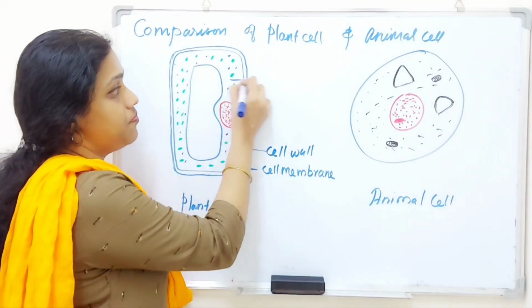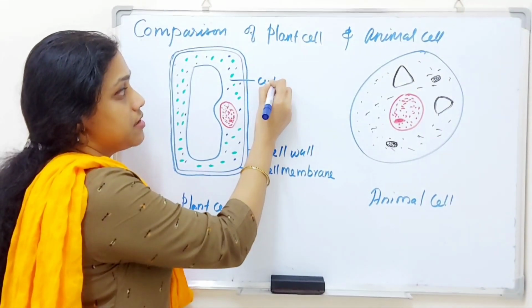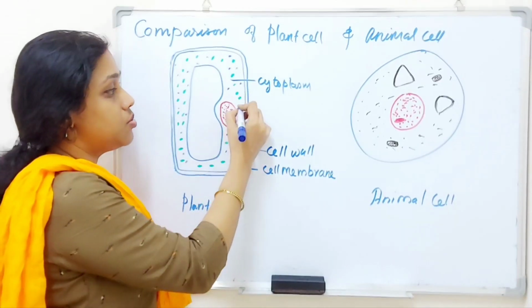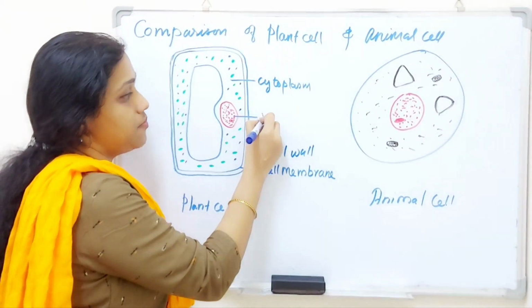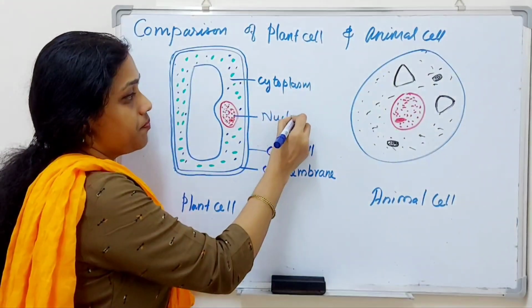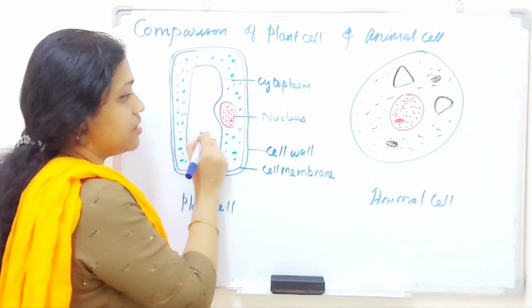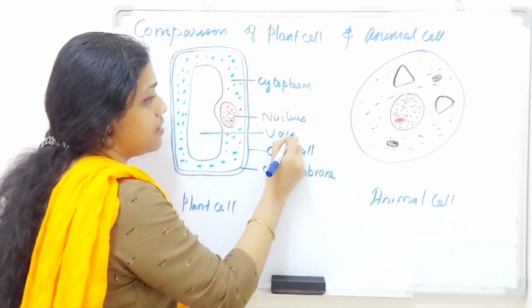The rest of the things are same. Jelly like material is the cytoplasm. Now there is the nucleus, round shaped dense structure. Now here we can see a hollow space, that is a vacuole.